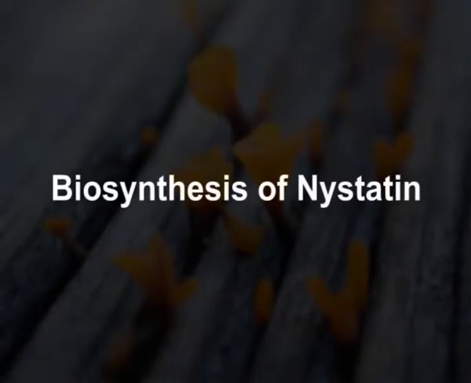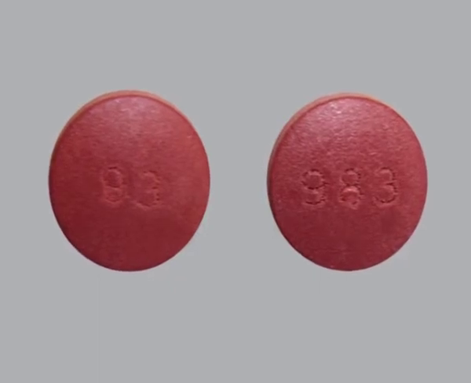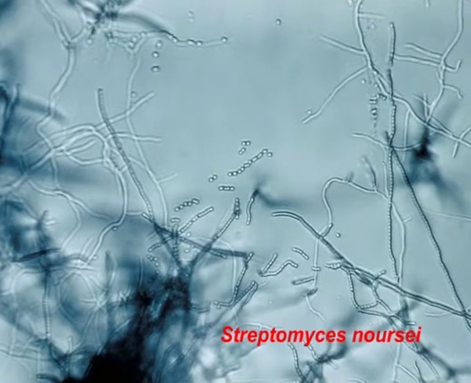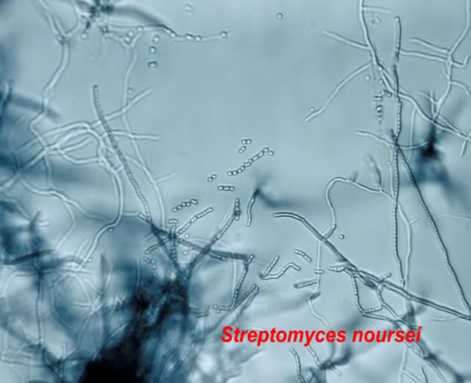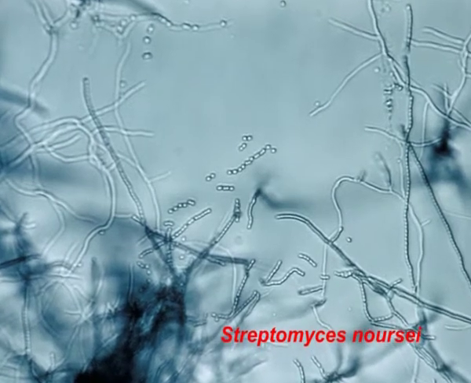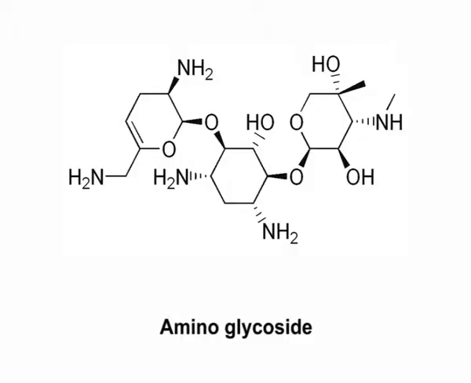Now, the biosynthesis of nystatin. Nystatin A1 is biosynthesized by a bacterial strain, Streptomyces noursei. The structure of the active compound is characterized as a polyene macrolide with a deoxy sugar, D-mycosamine, an aminoglycoside.